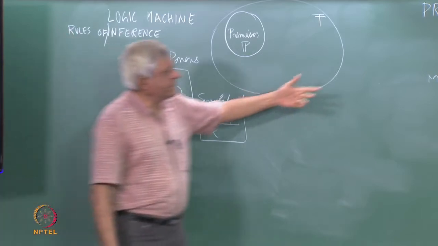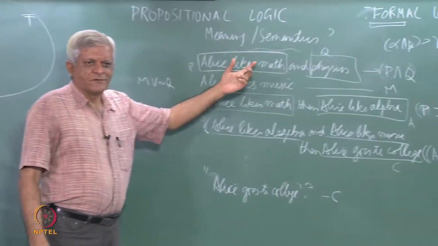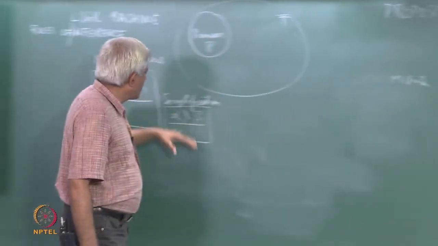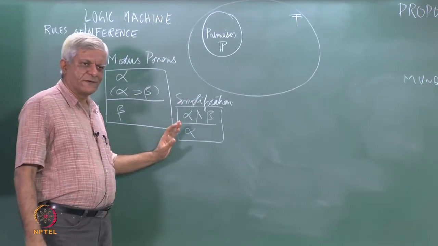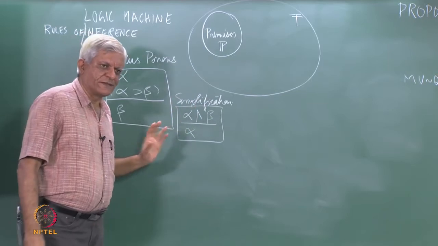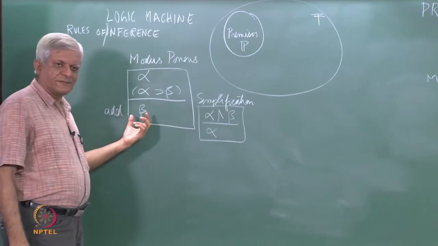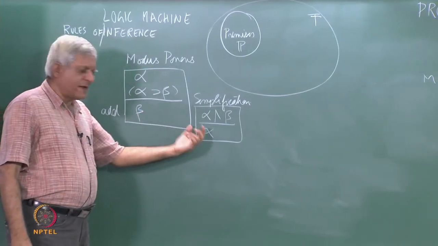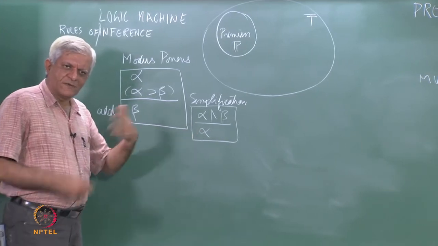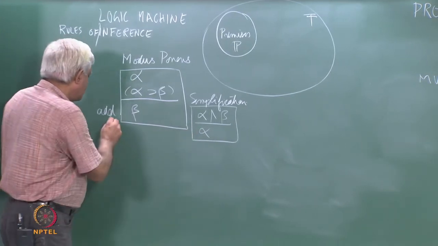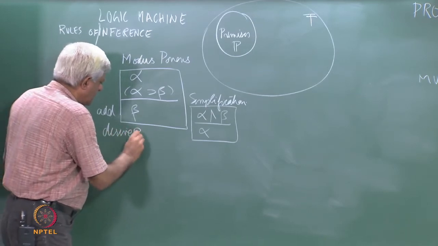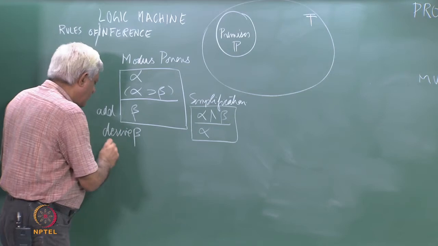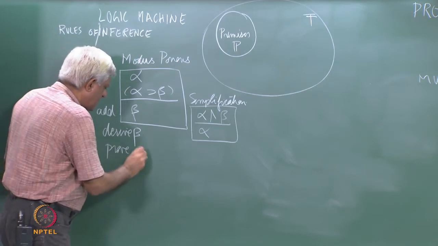Somebody has given us here P and Q. From this, by applying this, we can always add Q or P to the set. When we say we can add this new sentence beta or we can add this new sentence alpha to our database, we also use a term that we can derive beta essentially, or we also use the term prove beta essentially.